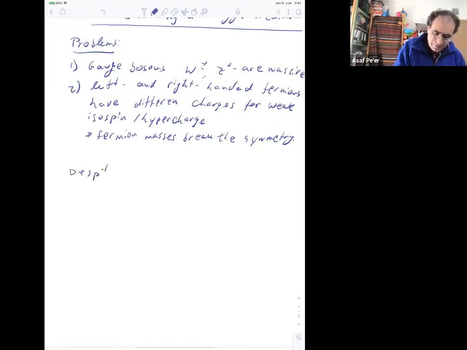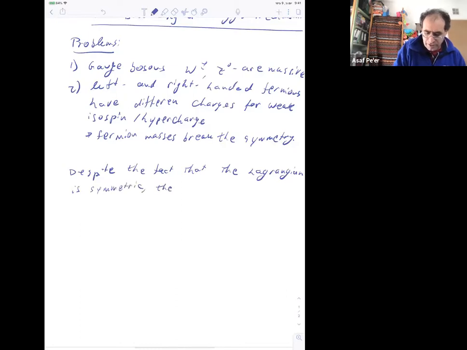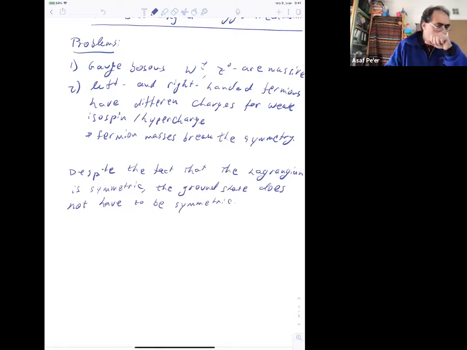Despite the fact that the Lagrangian is symmetric, the ground state does not have to be symmetric. In fact, when you think of it in physics, we look for symmetries. We don't look at the ground state. We look for states which are excited, so they are above the ground state.